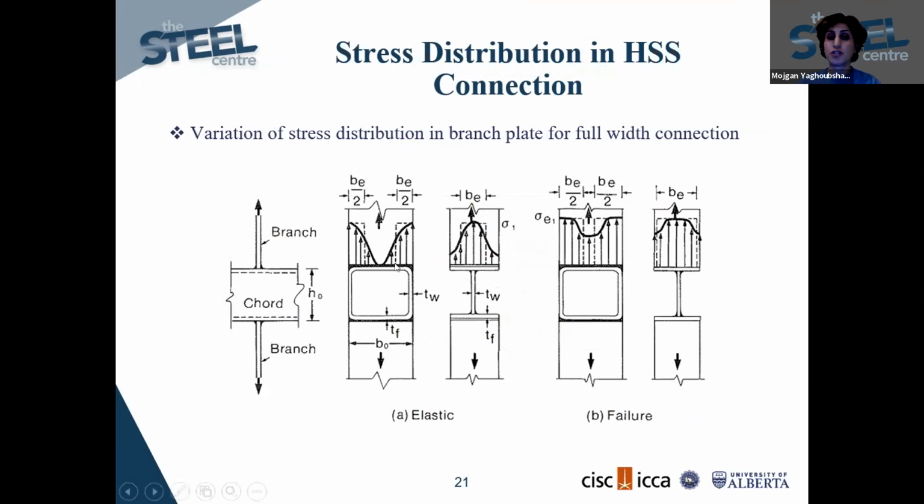B effective, or effective width, is defined to represent what portion of the branch element is effective in transferring the load, because when it is semi-rigid, not all the width is effective in transferring the axial stresses.